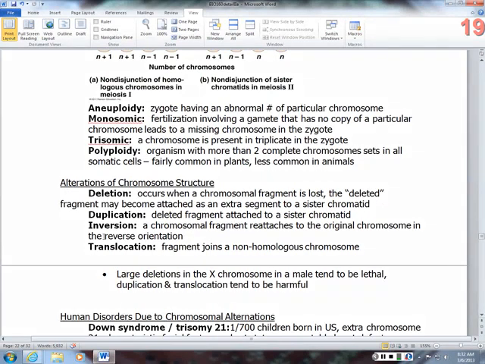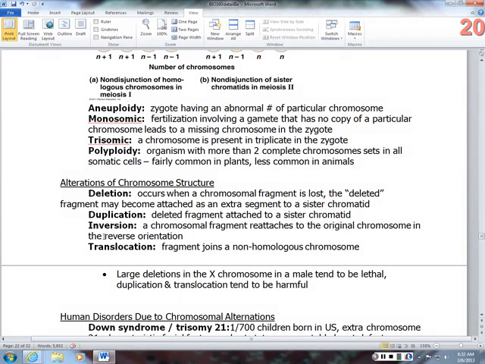So how can we alter the chromosome structure in here? Deletion occurs when a fragment is lost or deleted. And it can be lost and just go into the cell and be reabsorbed somewhere else, or it can end up attaching as an extra segment on a sister chromatid in there. Neither one is going to be good. A duplication is going to be that deleted fragment attached to a sister chromatid.